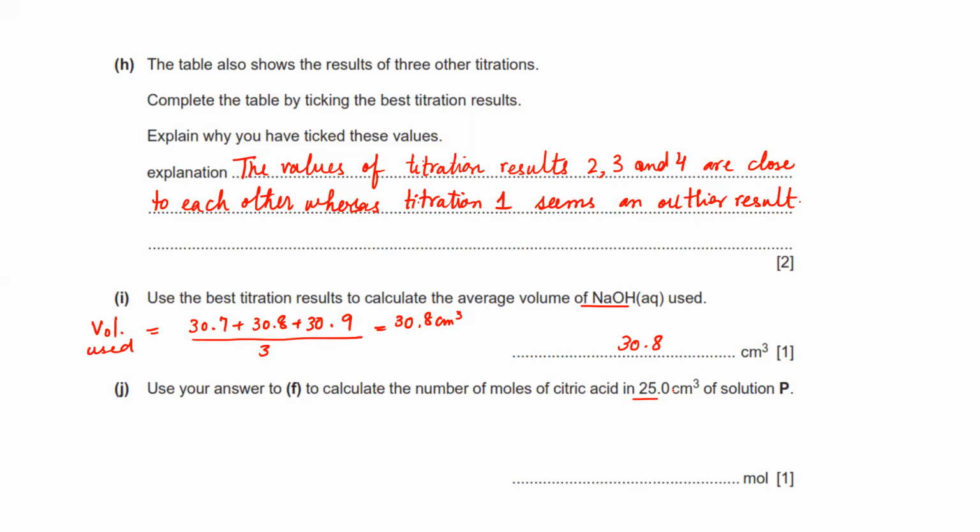centimeter cube of P. So remember, the concentration of P is 0.103 moles per decimeter cube. So this is the concentration we calculated.